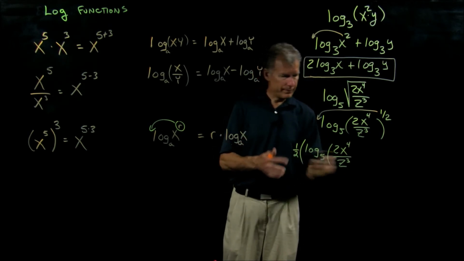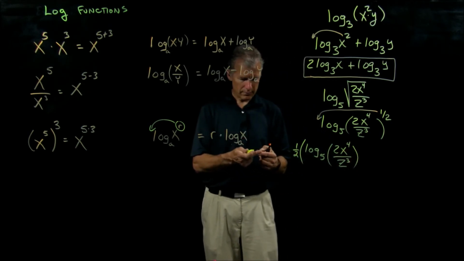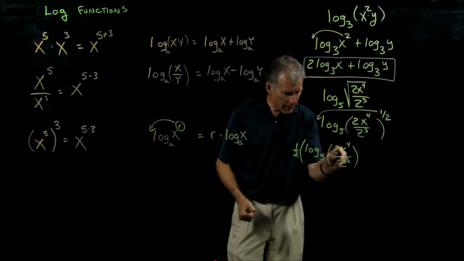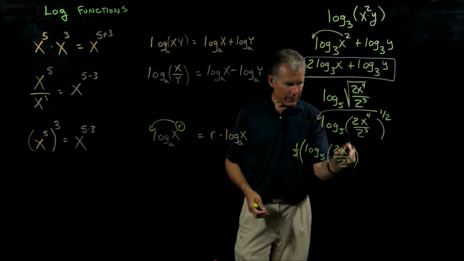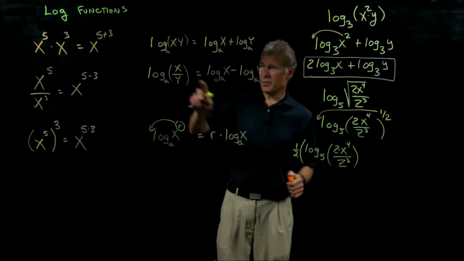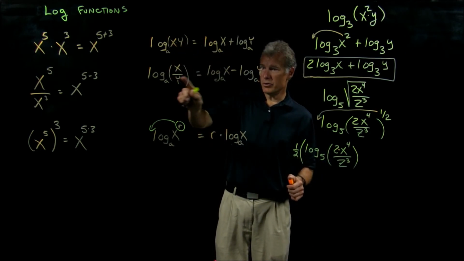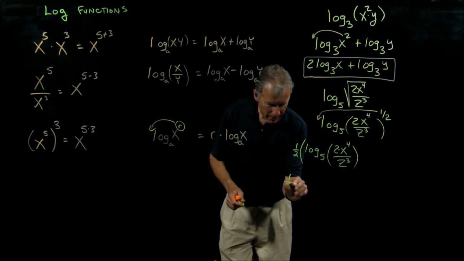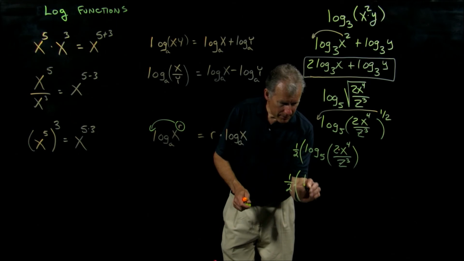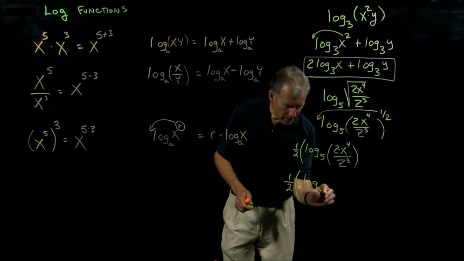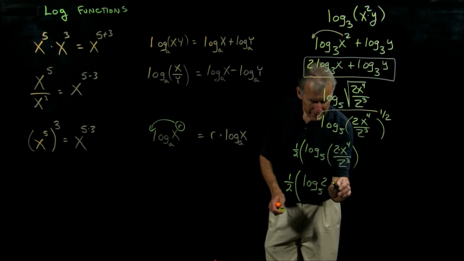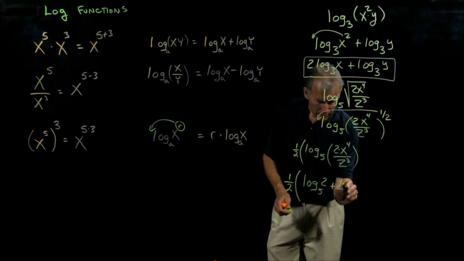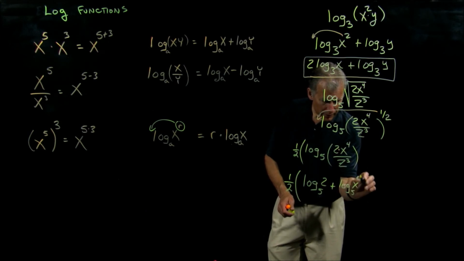Now, we have times here, we have divide here, and we've got some exponents. So let's use the multiplication property, and then we'll use the division property. So I'm just going to leave this 1/2 out front. So I have 1/2 times log base 5 of the 2 plus, which is the same as saying add, log base 5 of x to the 4th.